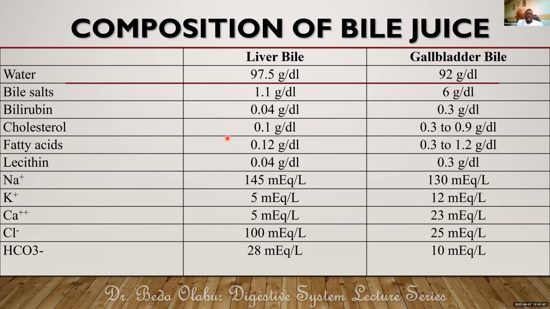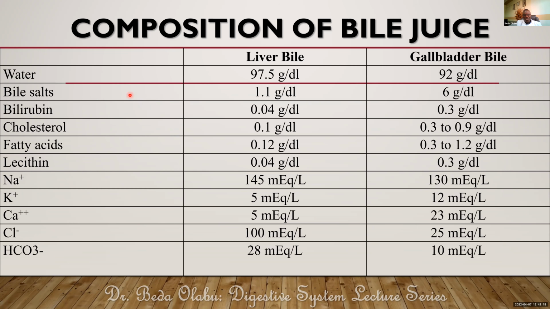You can look at that later, look at the concentration of various substances when they leave the liver vis-a-vis when they leave the gallbladder. And the point to note here is that the gallbladder performs concentration. So the gallbladder will take back some water. That's why the concentration of water is reduced. But importantly, the salts will be concentrated.